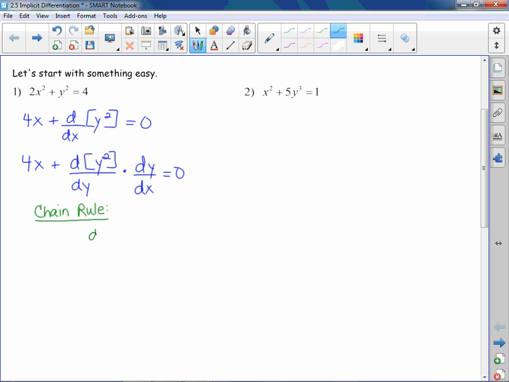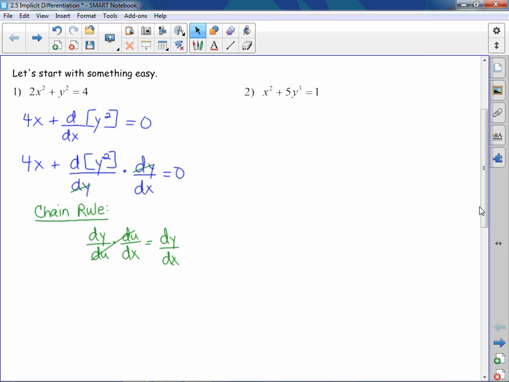The chain rule says that if we have dy over du and du over dx, that is equal to, so long as these two are the same, dy over dx. Now, if you take a look, the same thing is going on here. So this dy and dy up here are the same. So I'm going to take the derivative of y squared with respect to x, but it's going to look a little bit different than the way you're used to seeing it.